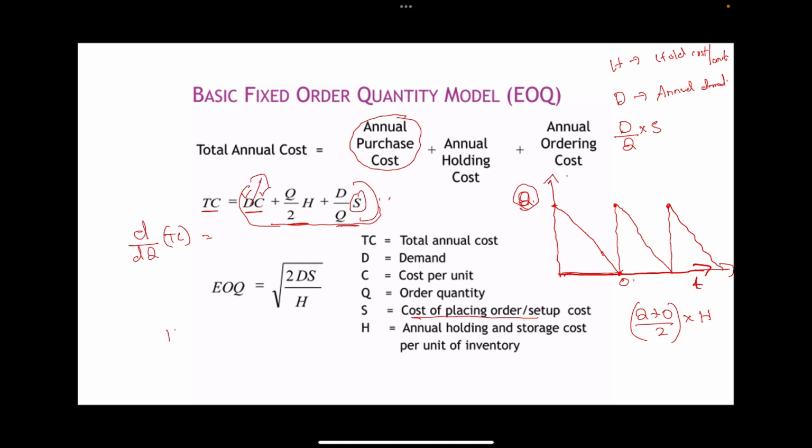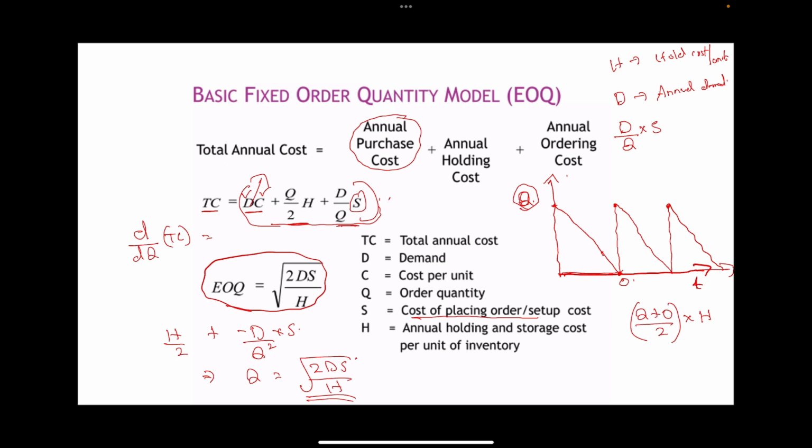So it will be H by 2 minus D by Q square into S. Setting this to zero gives Q equal to the square root of 2DS by H. This will be your economic order quantity.